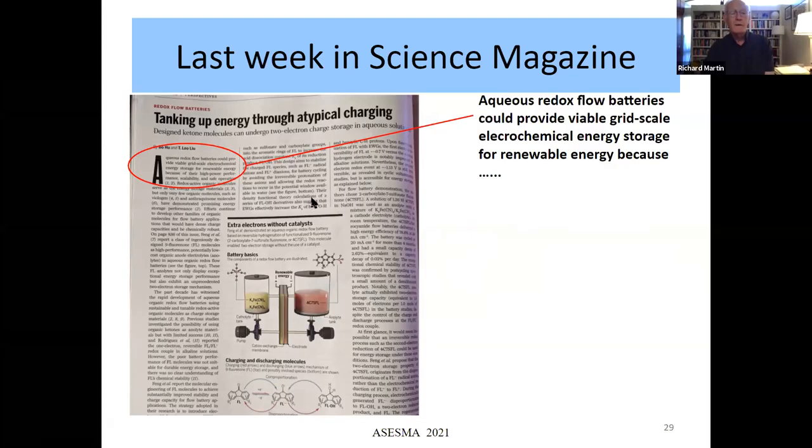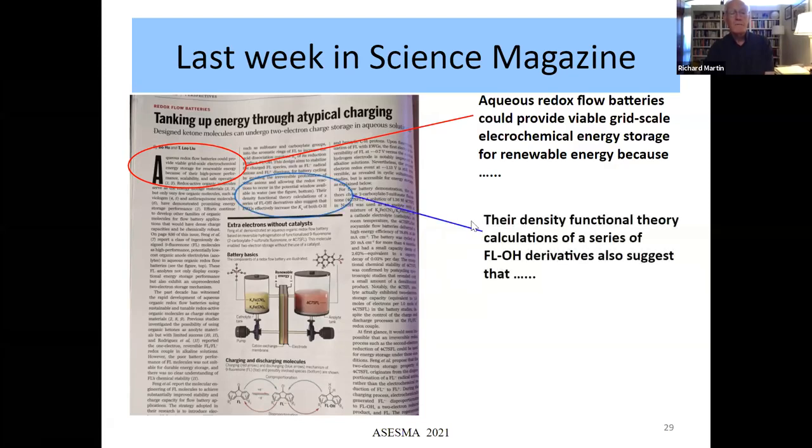If you look down in this article, you see their density functional calculations indicate possibilities for improvement. This is just the little article describing the big paper that you can find online, or later in the issue actually.